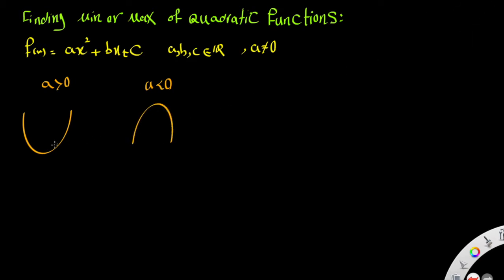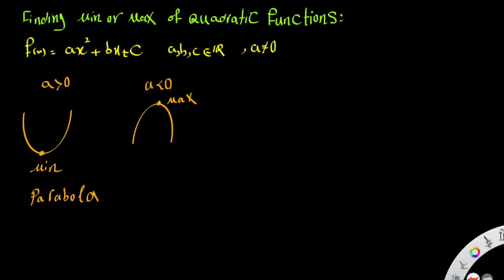Now, if it bends upwards, in the case a is positive, the vertex of the function will be the minimum point of the function, and in the case a is negative, the vertex will be the max. In both cases, these graphs are called parabolas.